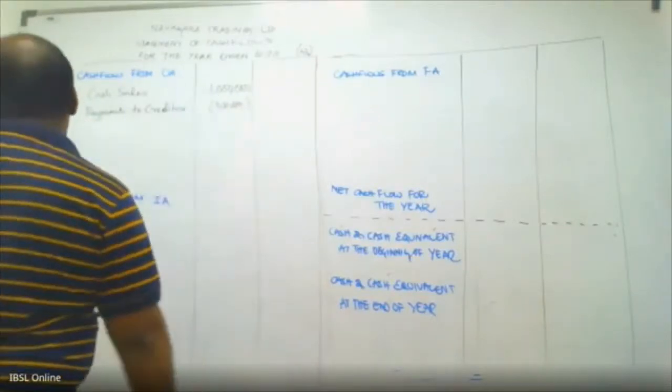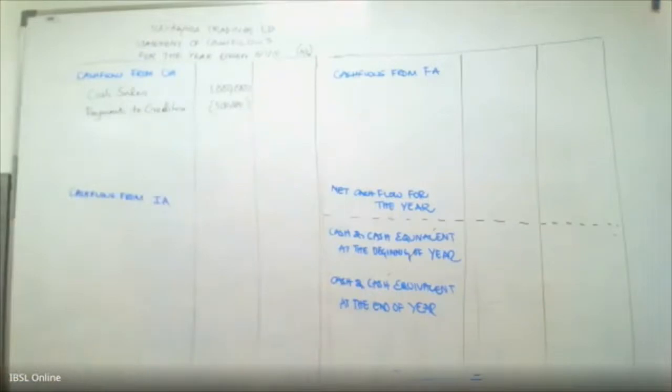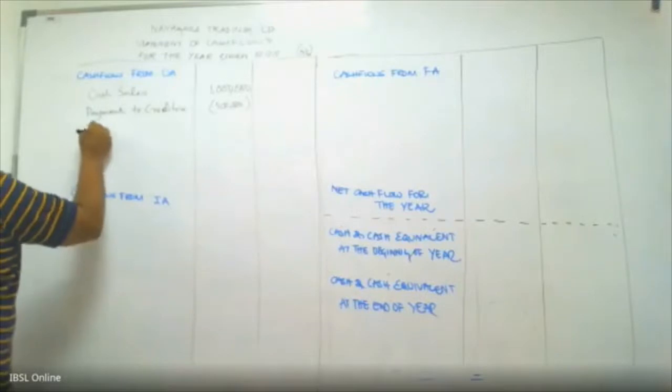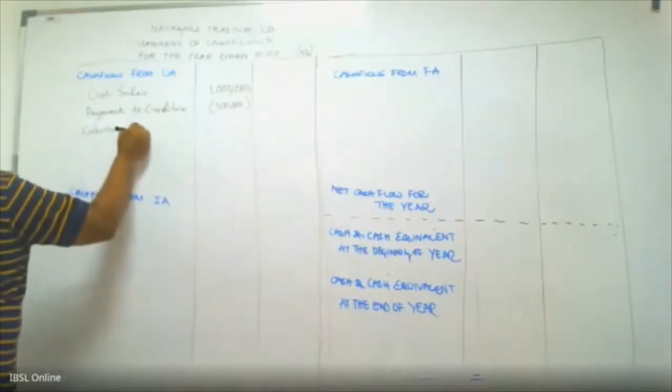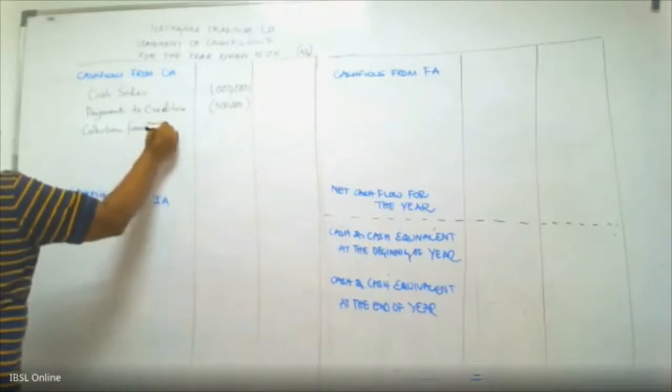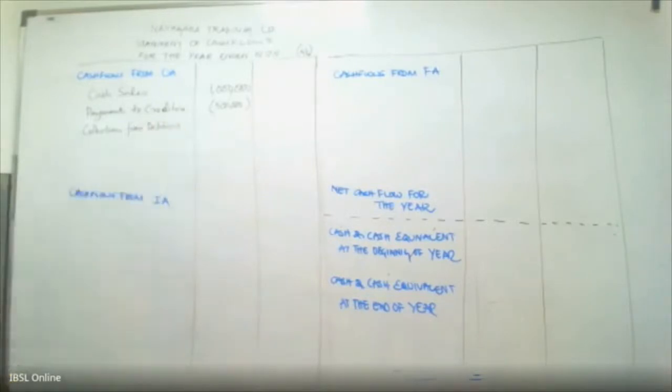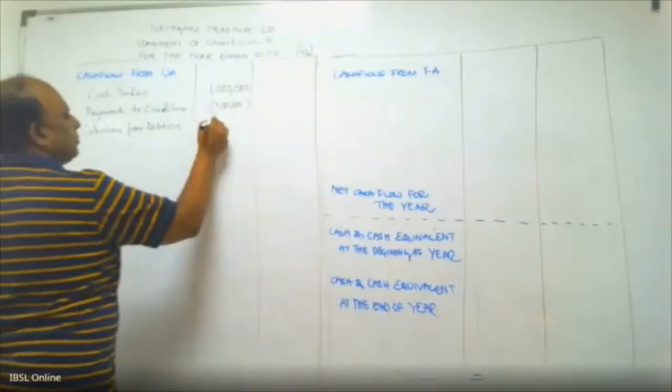It's an outflow. Third one, collections from debtors. Again, operating activities. So you have collected money from your debtors. That is again a cash inflow.